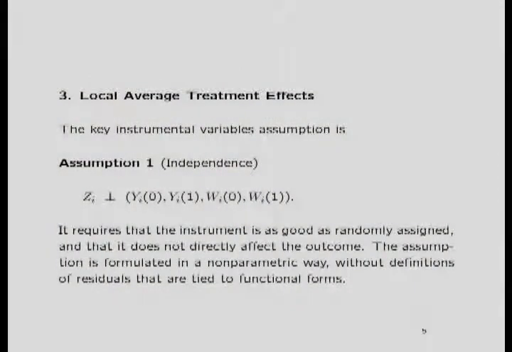So the key assumption, and I actually want to do it in two ways, but first let me set it up this way. One way of formulating the assumption is that the instrument is independent of all these potential outcomes, these four potential outcomes in this case, Y_i0, Y_i1, W_i0, and W_i1. This really captures two parts of the assumption.